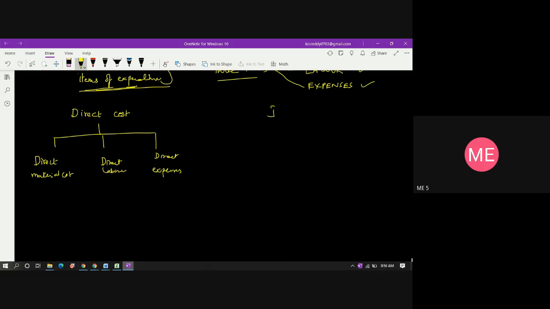And the indirect costs: the total cost is taken as direct cost and indirect cost. In indirect cost, there is indirect material cost, then indirect labor cost, and the third one is indirect expenses.